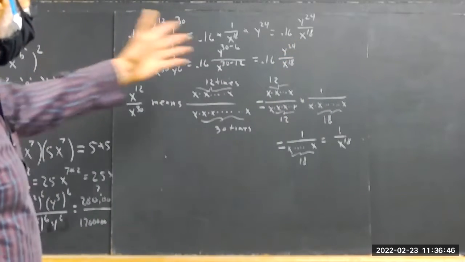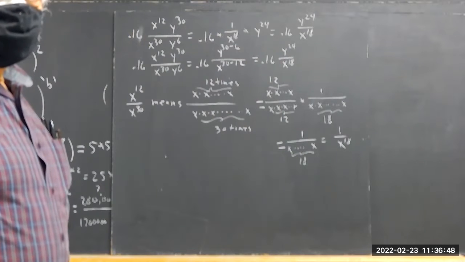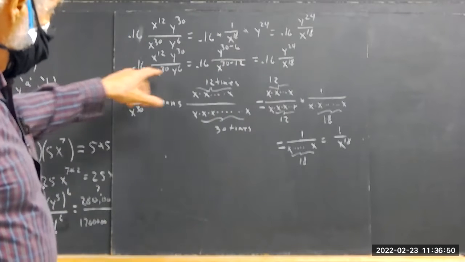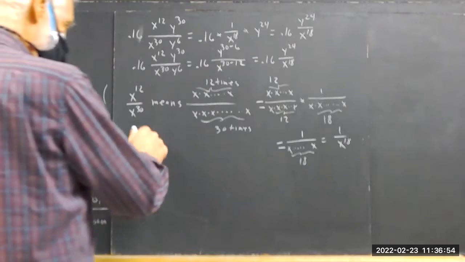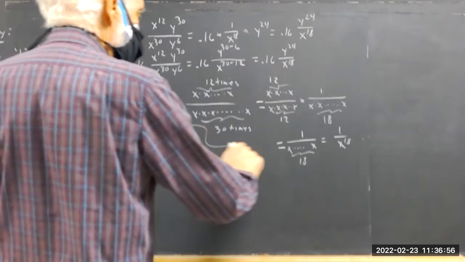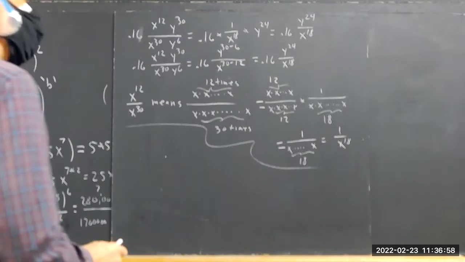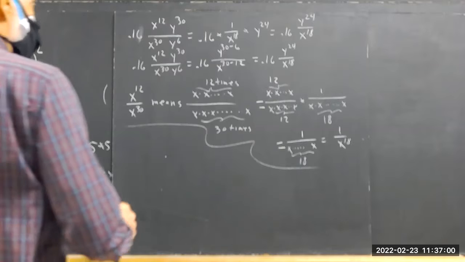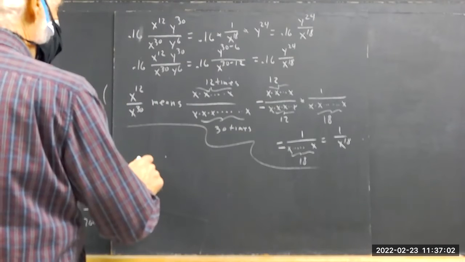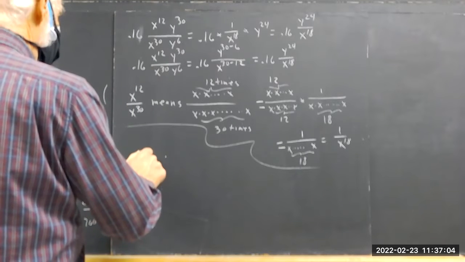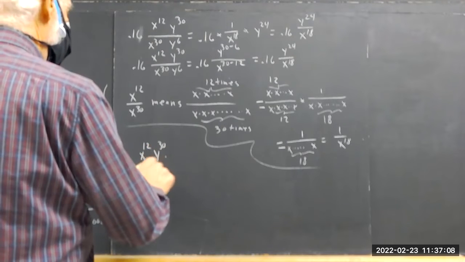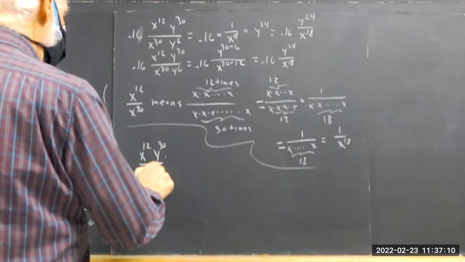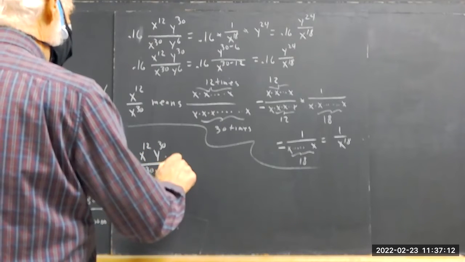Okay, so there are a couple of ways we can write this out. Hopefully this isn't confusing. And what we really get to now is we can do this another way. I'm just going to do x to the 12th, y to the 30th over x to the 30th, y to the 6th equals.